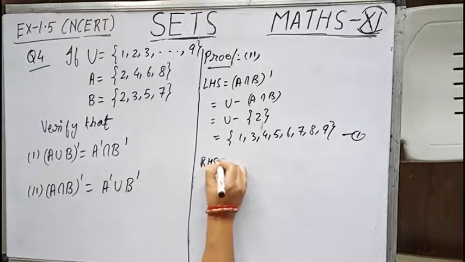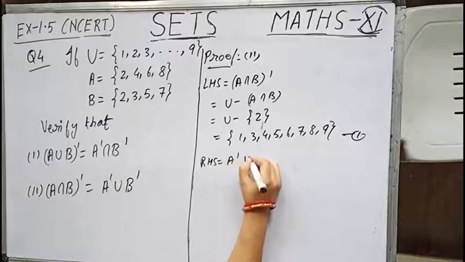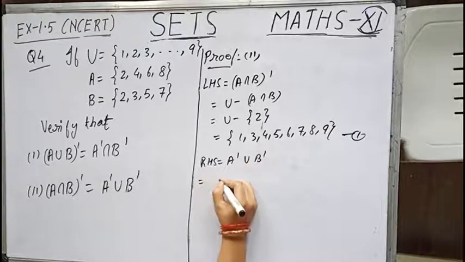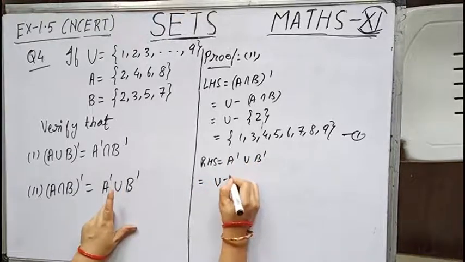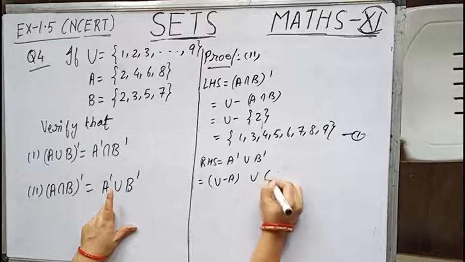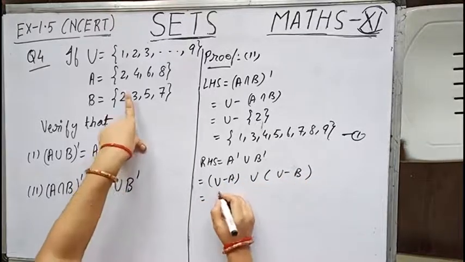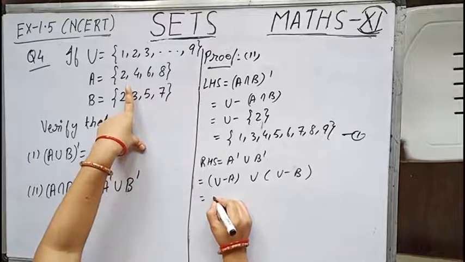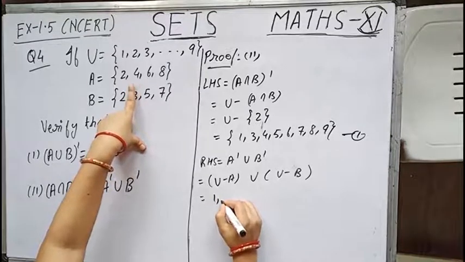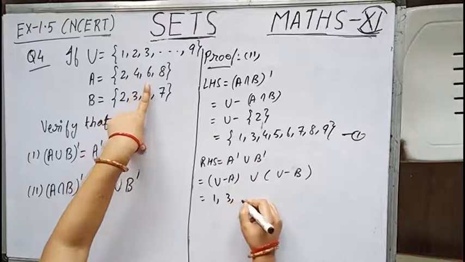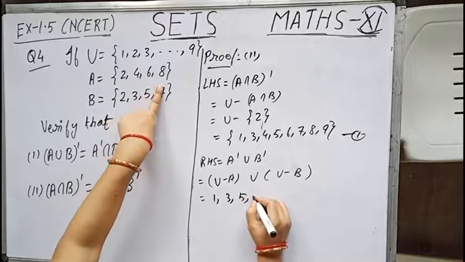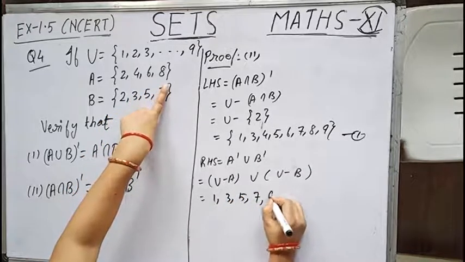RHS is A' union B'. A' is U minus A, union U minus B. Now U minus A over here will be 1, 2 is there, 3, 4 is here, 5, 6 is here, 7, 8 is here, 9.